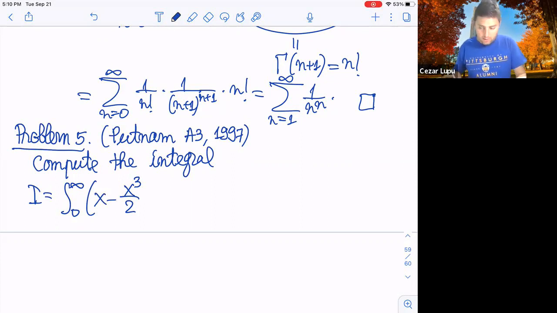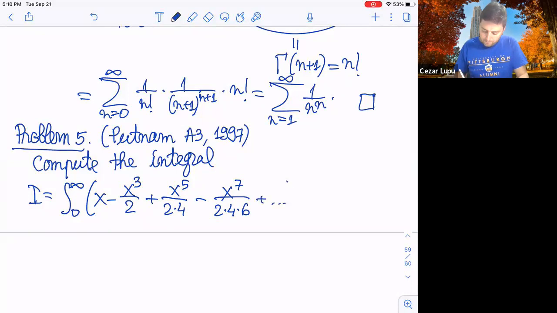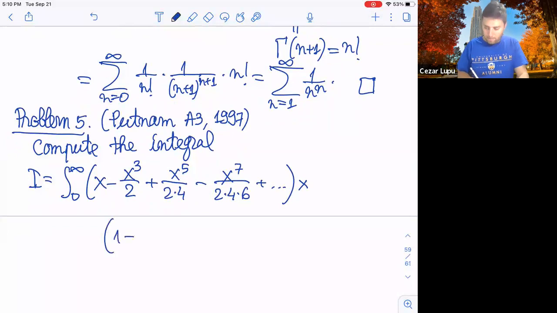So the statement: x minus x cubed over 2, plus x to the 5th over 2 times 4, minus x to the 7th over 2 times 4 times 6, plus so on, times the following: 1 plus x squared over 2 squared plus x to the 4th over 2 squared times 4 squared.